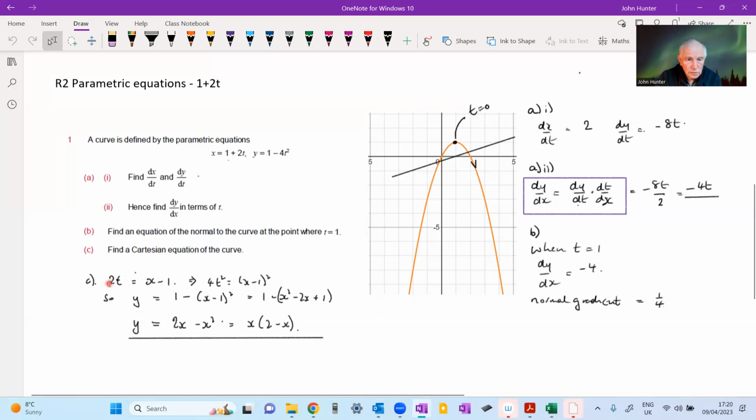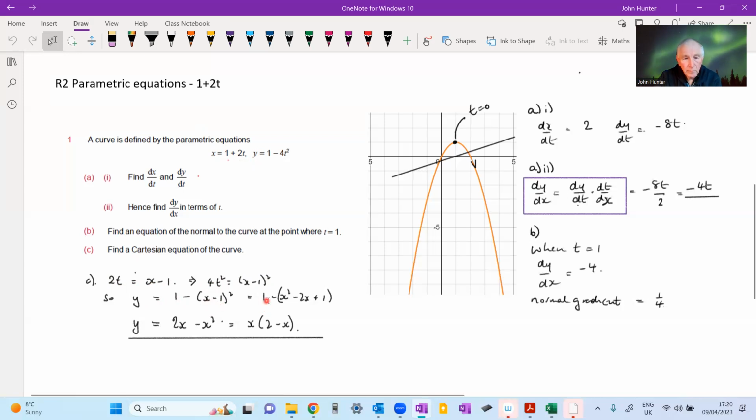So from the first equation, x equals 1 plus 2t, we can rearrange that to give us 2t equals x minus 1. And then we square each side. We've got 4t squared equals (x minus 1) squared. Okay, so then we can go to the y equation, and if we substitute this in for the 4t squared, we're going to get y equals 1 minus (x minus 1) squared.